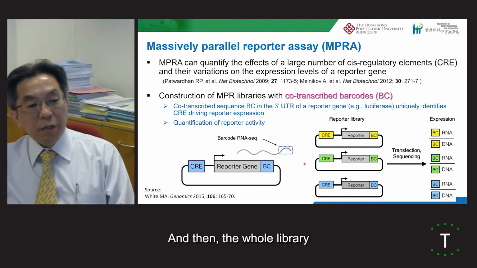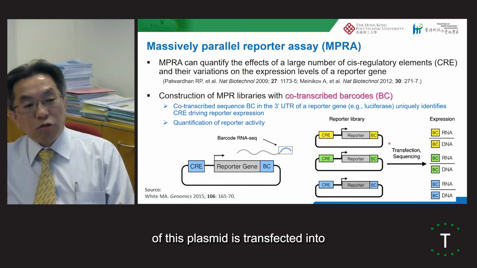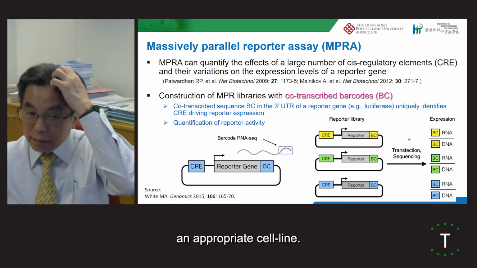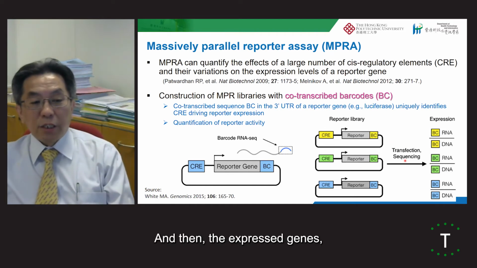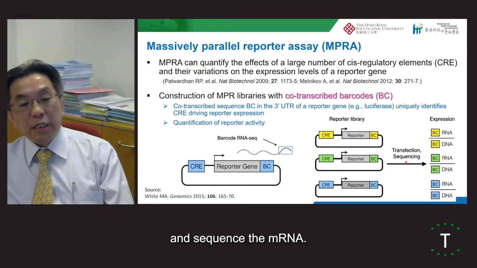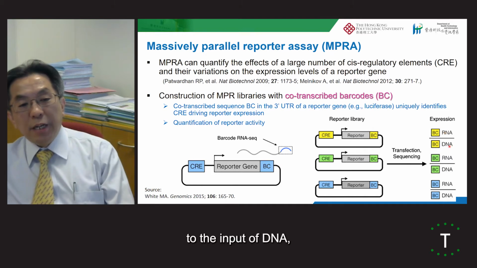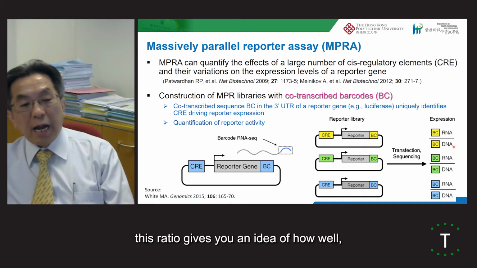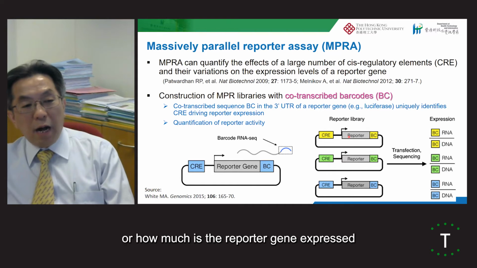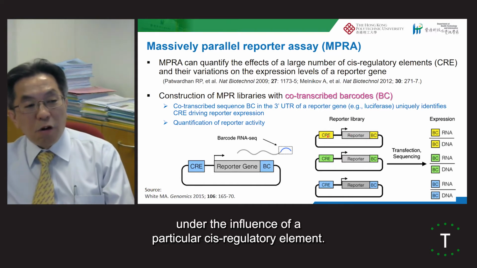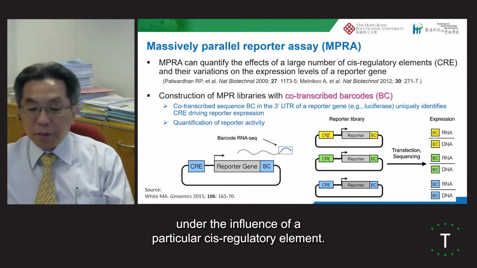Then the whole library of plasmids is transfected into an appropriate cell line, and you express the genes and sequence the mRNA. By quantifying the barcode mRNA normalized to the input DNA, this ratio gives you an idea of how much the reporter is expressed under the influence of a particular cis regulatory element.